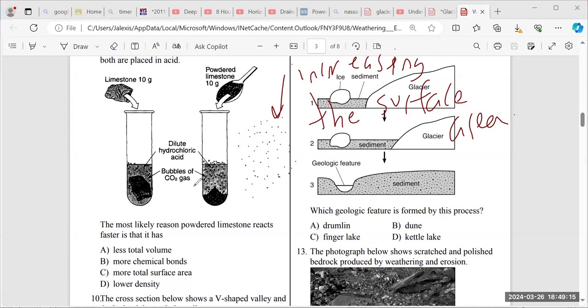All right, that's why the powdered limestone is going to break down faster than the rock limestone. And that's because it has more total surface area, which is choice C.